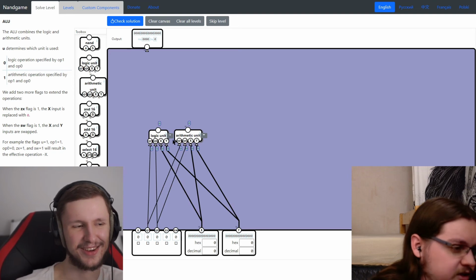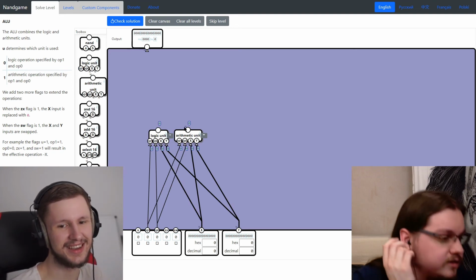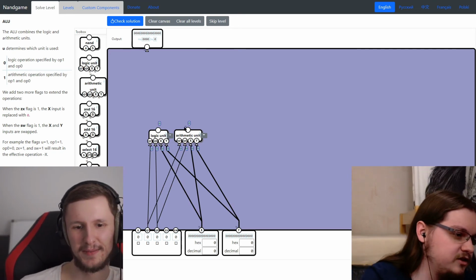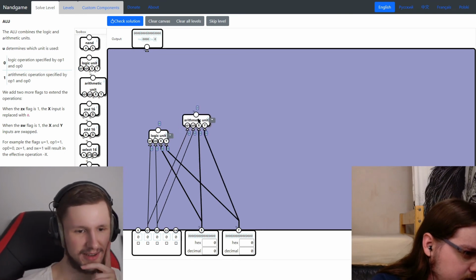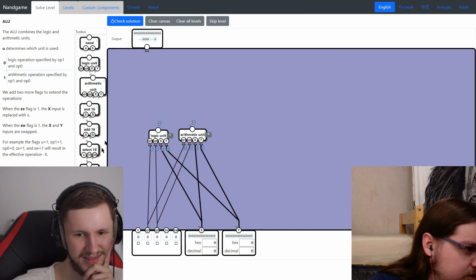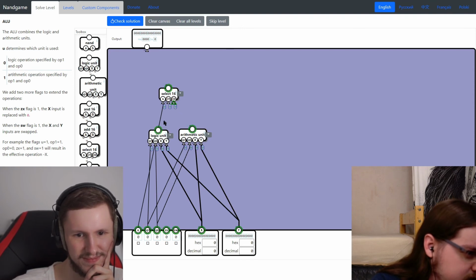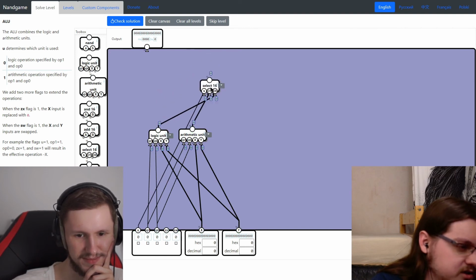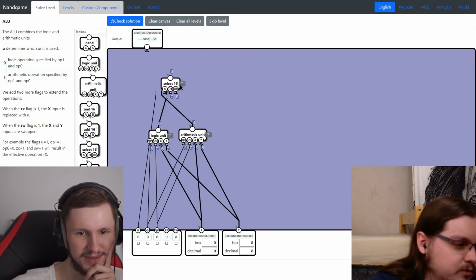No, the opcode still passes through. Okay. The U decides... So U is a selector. If it is 0, we use logic. If it is 1, we use arithmetic. So that part is trivial, actually, which is what I thought this whole thing was going to be.